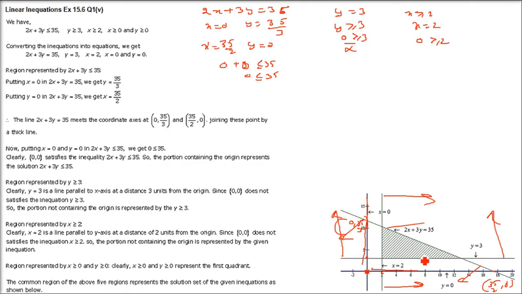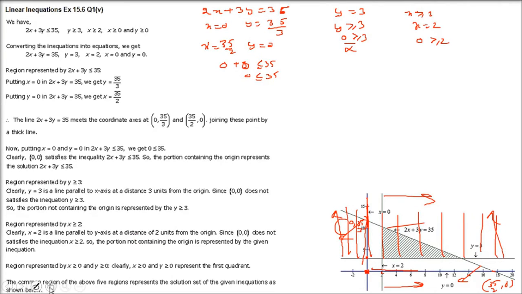And what is the common portion of these three? Below this line. So let us try to show it with different colors. So this is the above of y equal to 3, all the above portion of y equal to 3.